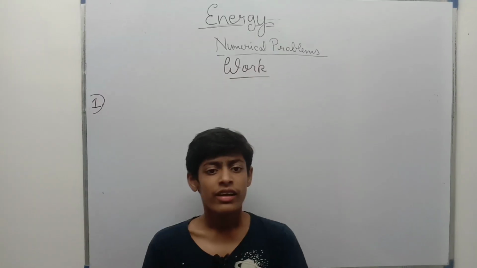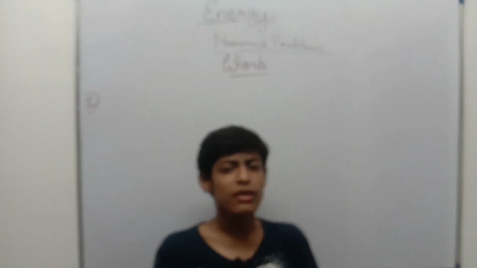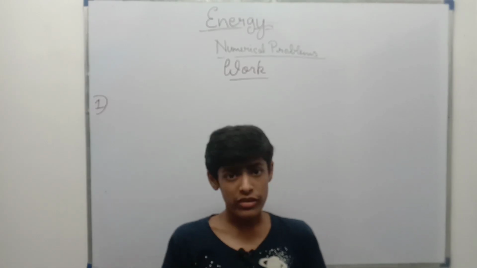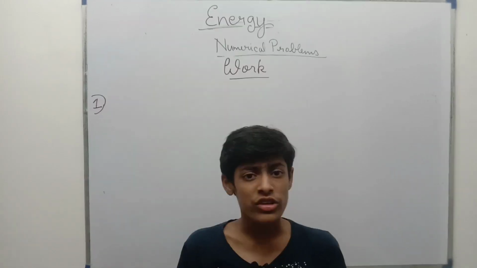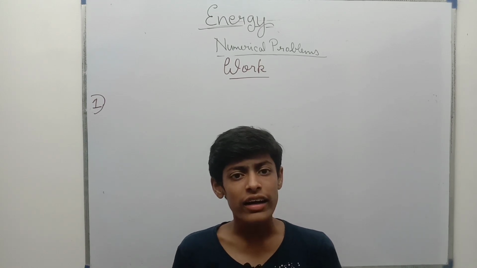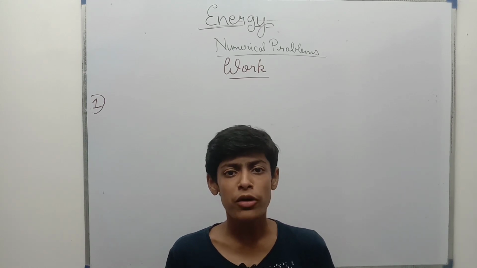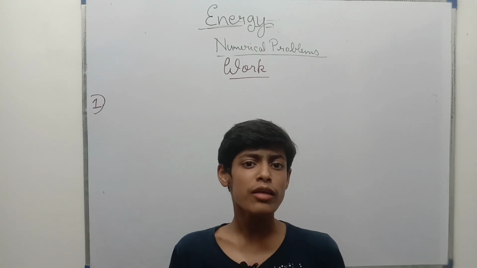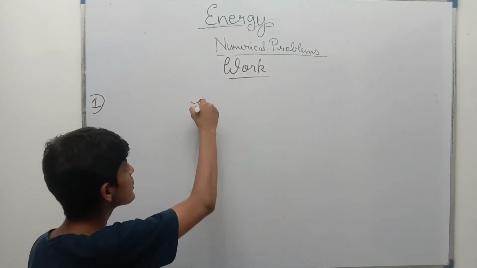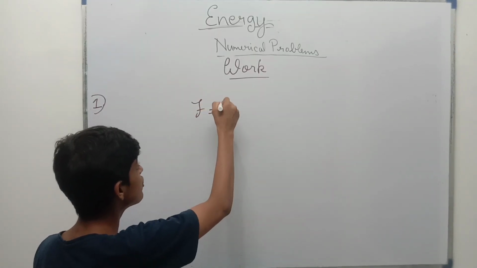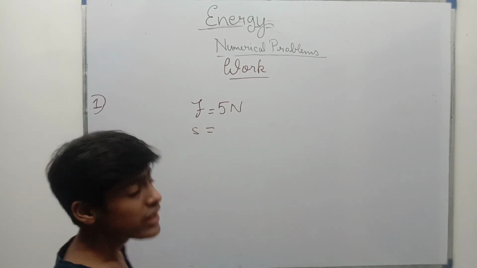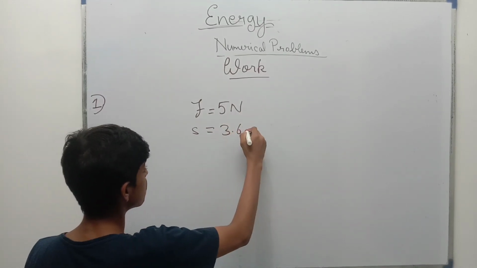Now guys, we will discuss some numerical questions based on work, which we have discussed in the last video. Now the first question is: if a child applies a force of 5 Newton on a toy cart and pushes it through a distance of 3.6 meter, find the work done by the child. So first we will see what is given. In this question, force is given as 5 Newton and displacement, which is represented by S, is given as 3.6 meter.